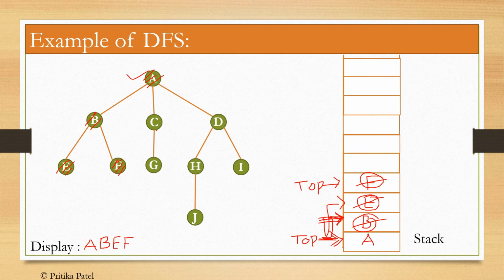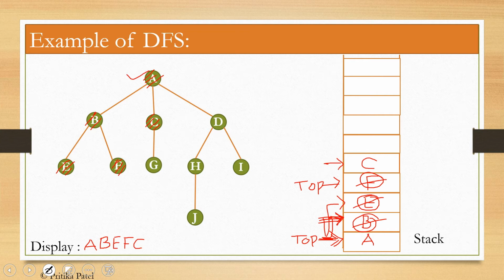So visit the vertex C and mark it as visited. Then push it into the stack. So now C is pushed into the stack and displayed, right? So now this C becomes the top of the stack.